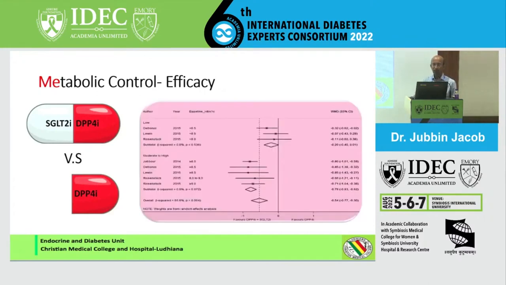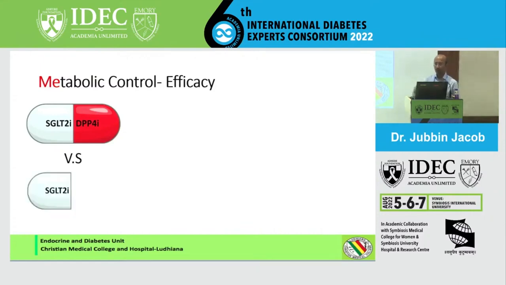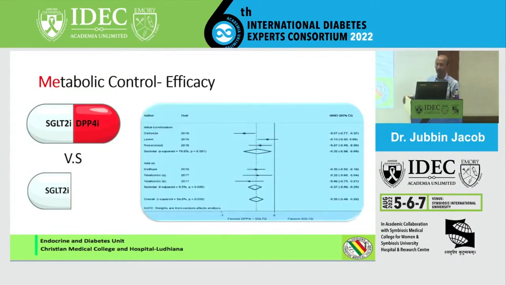When you look at this efficacy in different patients, somebody starting with 9%, somebody starting with 10%, you can see the efficacy is going to be higher. Somebody whose starting HbA1c is 9.5% is going to get a 1.5, 1.6% decrease in HbA1c with this combination compared to using DPP4 alone. Now, looking at the other side, the combination versus just plain SGLT2 inhibitors, again, I think it is very clear that you get much better glucose control with the combination.